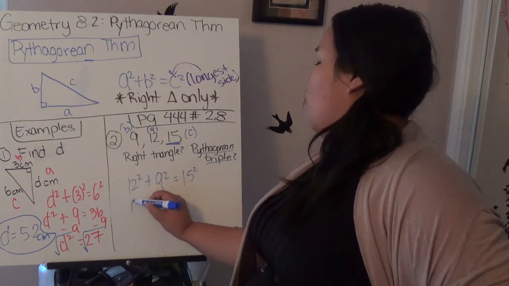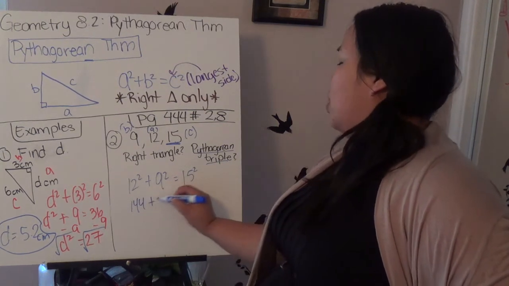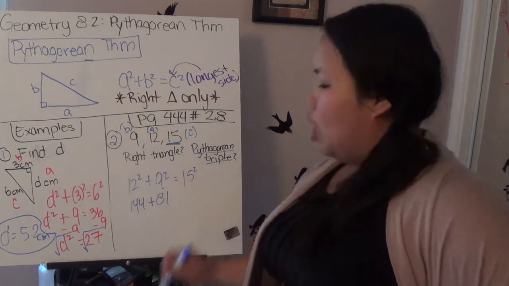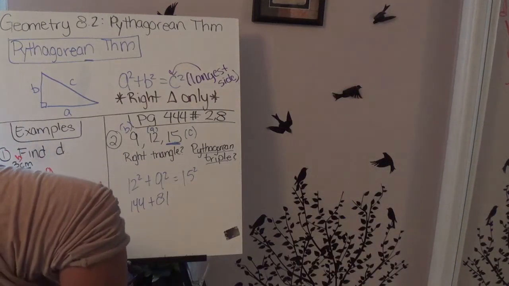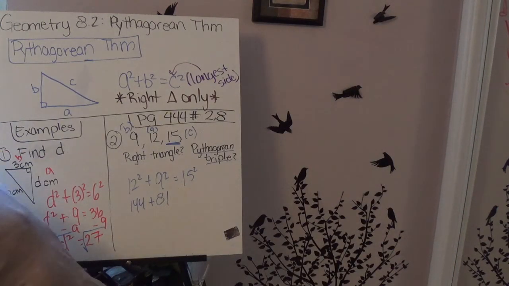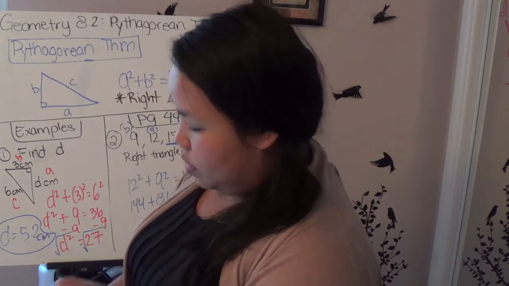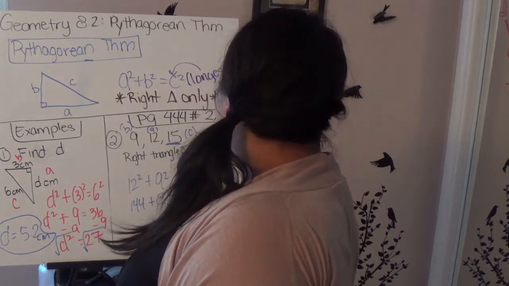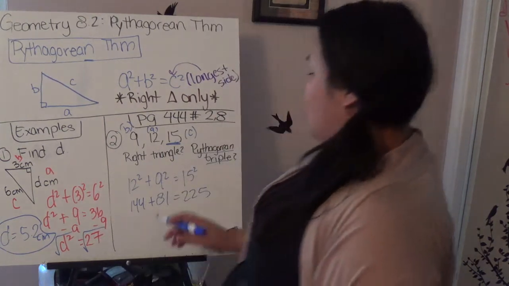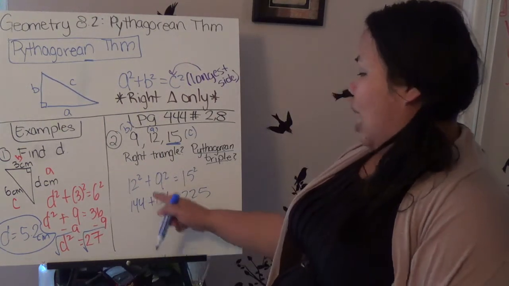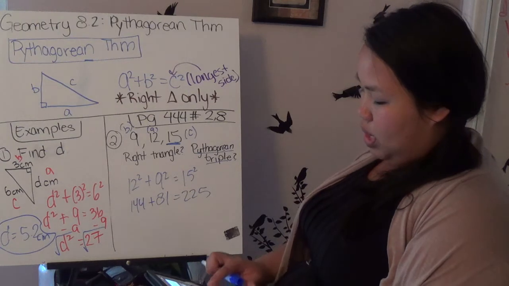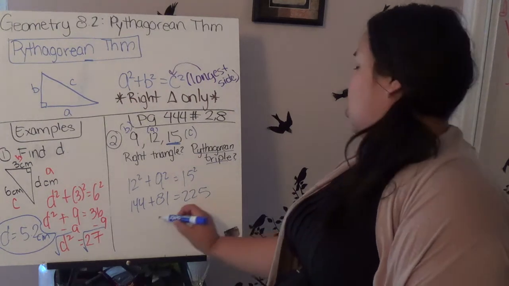We have 144 plus 81, and we have 15 squared, which is 225. Now I can just add: 144 plus 81 is 225.